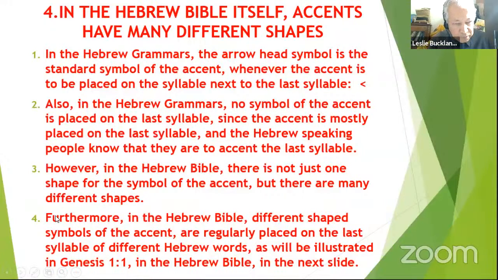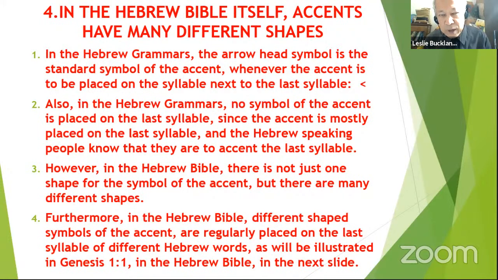Number 4, furthermore, in the Hebrew Bible, different shaped symbols of the accent are regularly placed on the last syllable of different Hebrew words, as will be illustrated in Genesis chapter 1, verse 1 in the Hebrew Bible in the next slide.